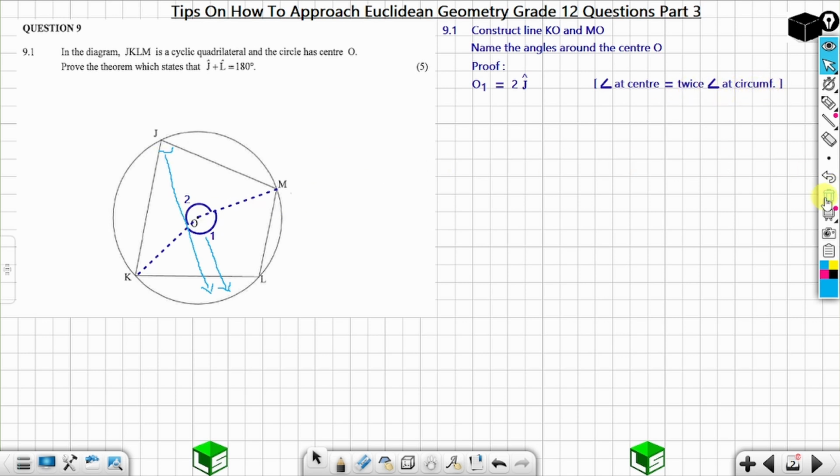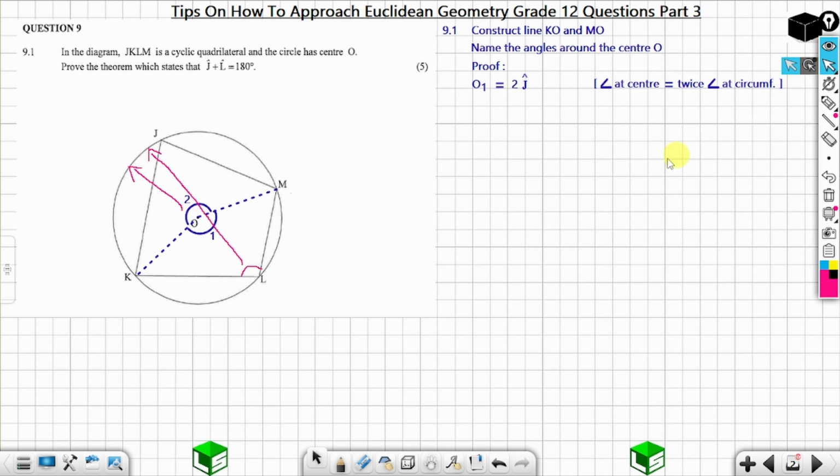Now we are going to combine this angle and the angle O2, because the two angles are subtended by the same arc KM. The angle L is subtended by the arc KM, and the angle O2 is also subtended by the arc KM. So always combine the two angles which are subtended by the same arc.